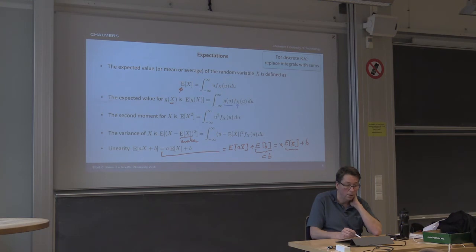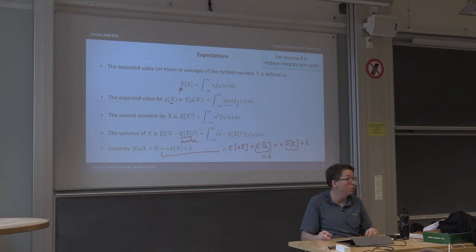Okay, and this is very simply proven by just taking the generic formula for the expectation of a function of x, and plugging it into this formula here, and we use the linearity properties of the Riemann integral, and everything falls out like this. Okay, questions?